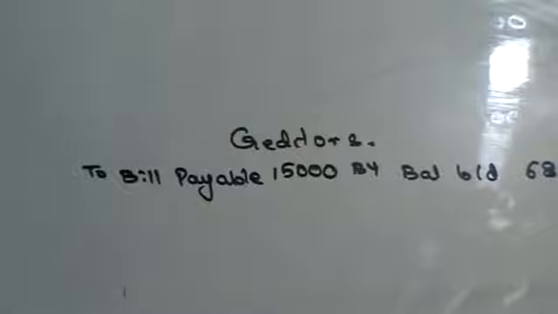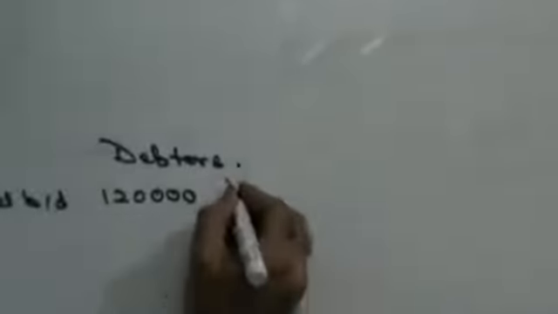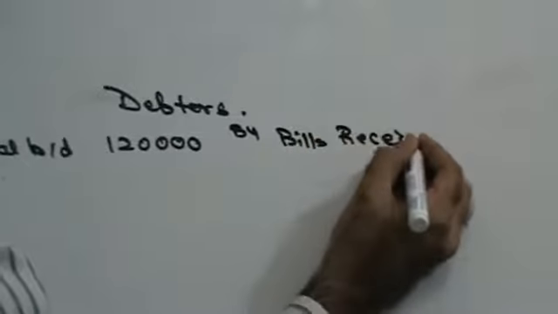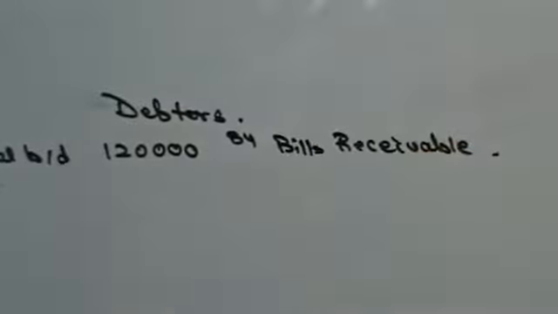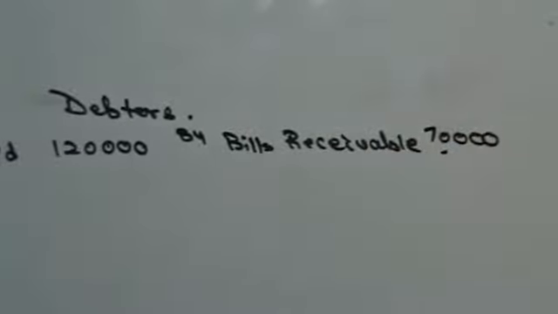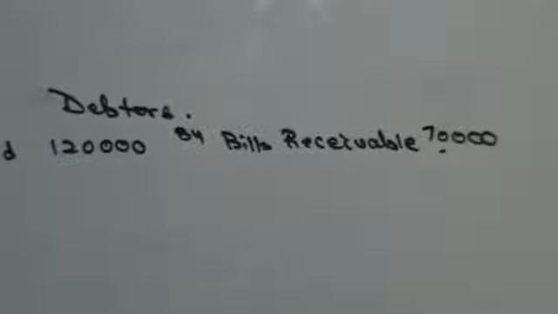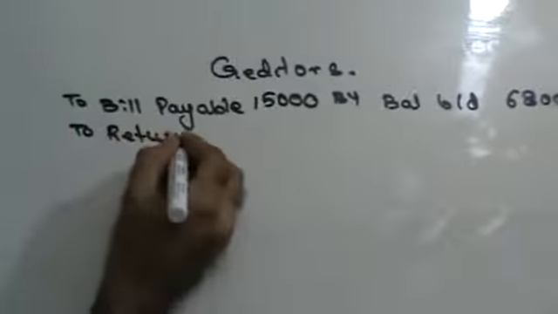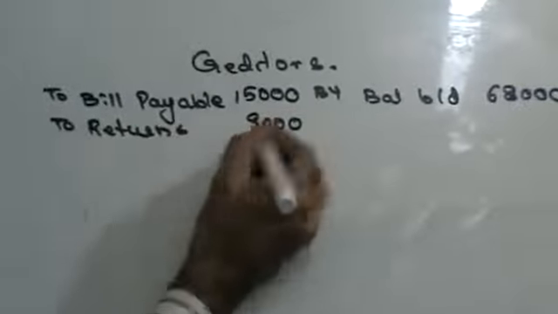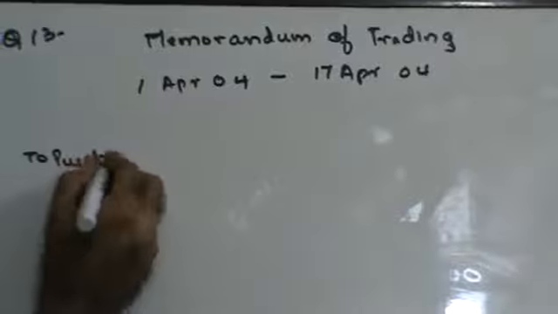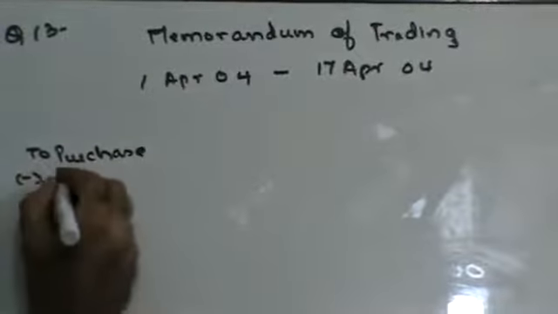Bills receivable will go on the debtors account on the credit side, by bills receivable 70,000. Next, let's move on ahead. Goods returned. Two returns. Goods returned to suppliers is 9,000. Second effect of this, you will deduct from purchases: purchases less returns.